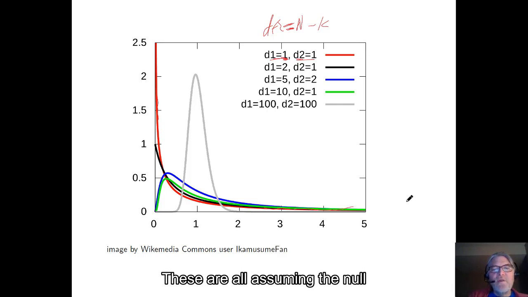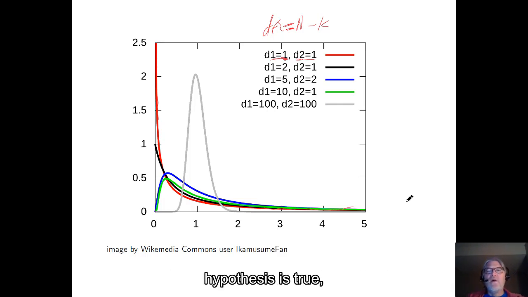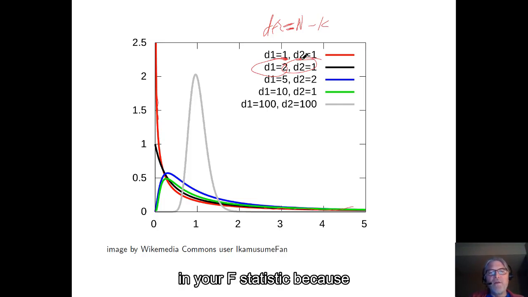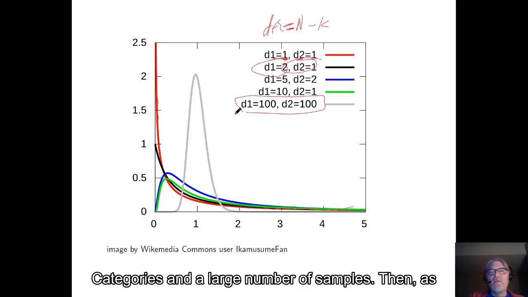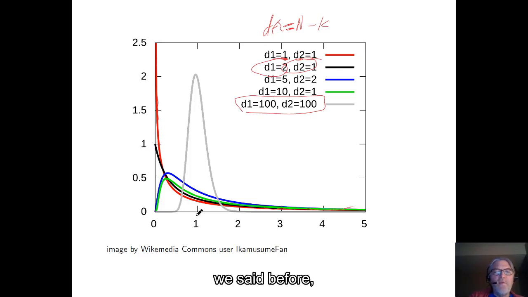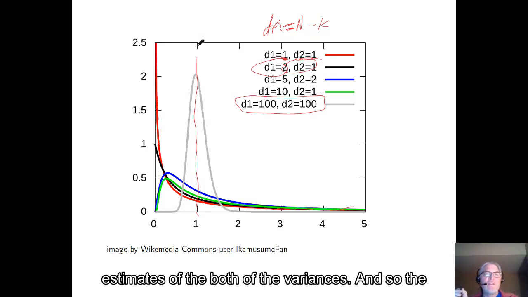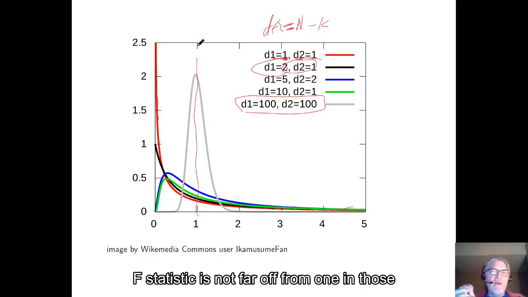So these are all null distributions. These are all assuming the null hypothesis is true. But if either of the degrees of freedom is really small, you're going to have a lot of slop in your F statistic, because it's possible to estimate one of those values way off. If we get a really large number of categories and a large number of samples, then as we said before, we tend to get pretty good estimates of both of the variances, and so the F statistic is not far off from 1 in those cases.